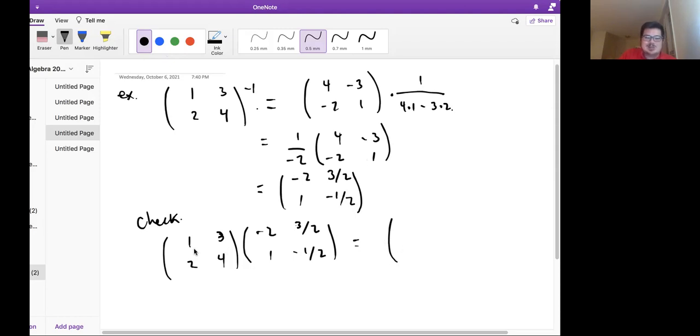All right, now let's do it. This is -2 times 1 plus 3, so that's 1. This is 3/2 minus 3/2. Cool, that's 0. This one is -4 plus 4, which is 0.